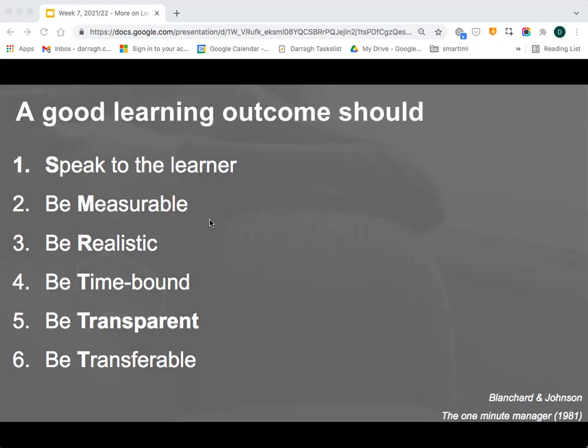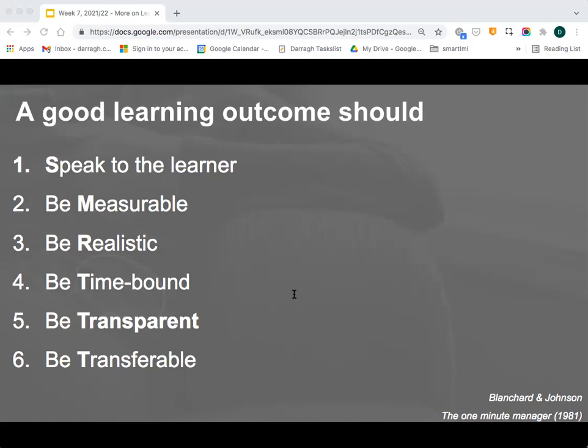And as identified, I know that there are SMART plans or SMART whatever. This is a slightly different one. It's more SMART learning outcomes, but the notion is a good learning outcome should speak to the learner. So it should address what they know or will be able to do. It should be measurable, in that it should indicate how learning will be assessed.